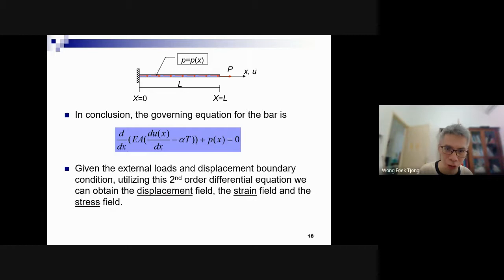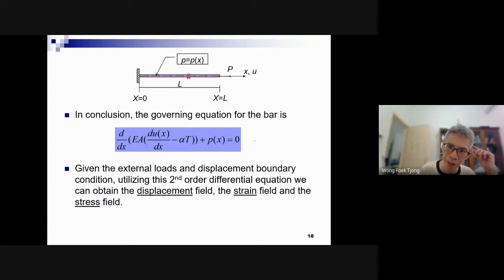So in conclusion, combining the three equations, we may say that the governing equations for the axial deformation of the bar are given by these equations in the interior of the bar, because we take this equation based on an interior point, with a small cross section.